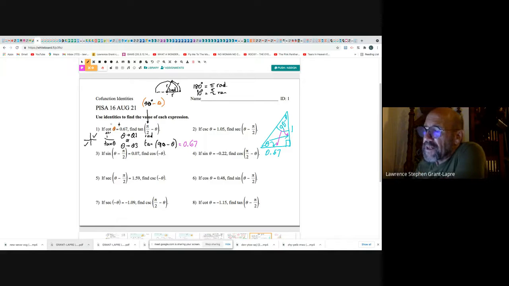And the thing about it is, if cot is positive, then tan is also positive. So let's pick some angles here just to prove that.